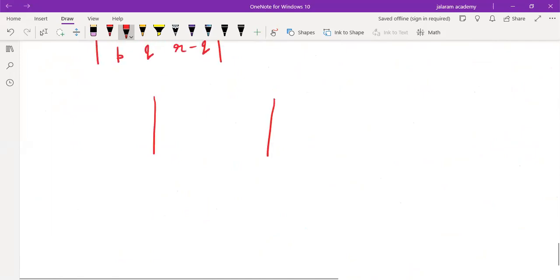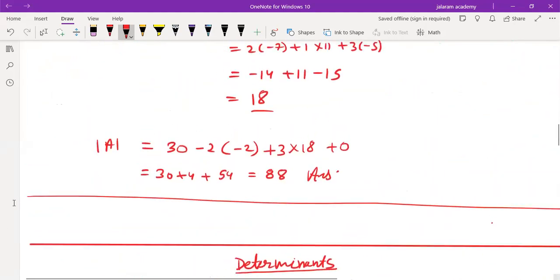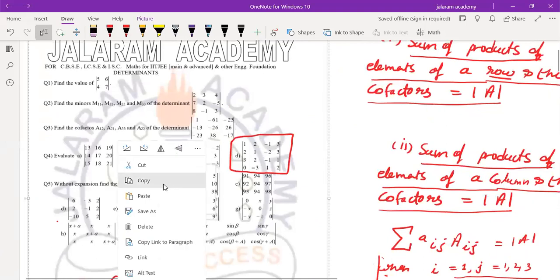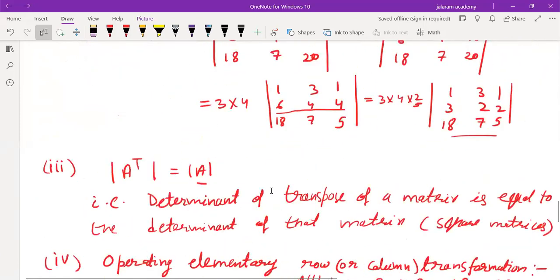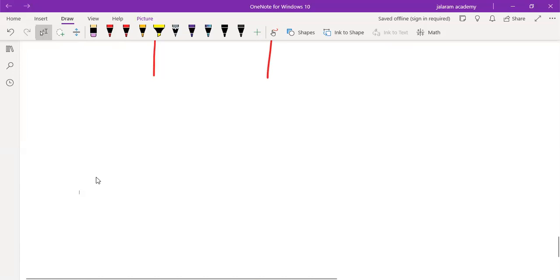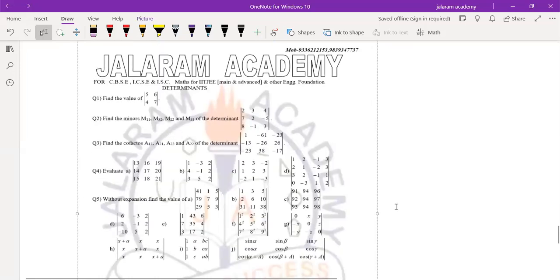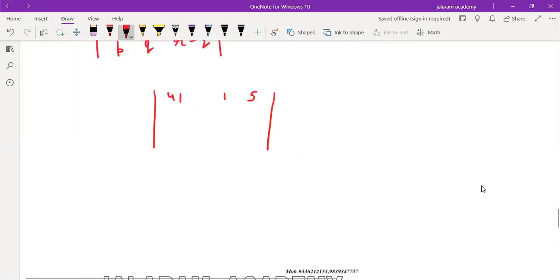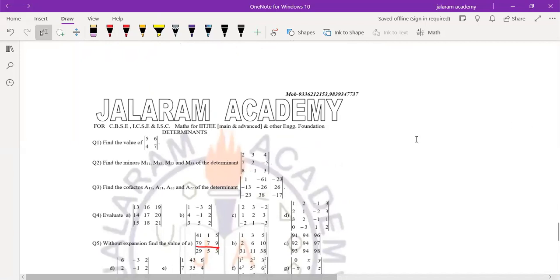The first row is 4 1 1 5, this one 7 9 7 9. The second row is 7 1 7 9. The third row is 2 9 5 3.